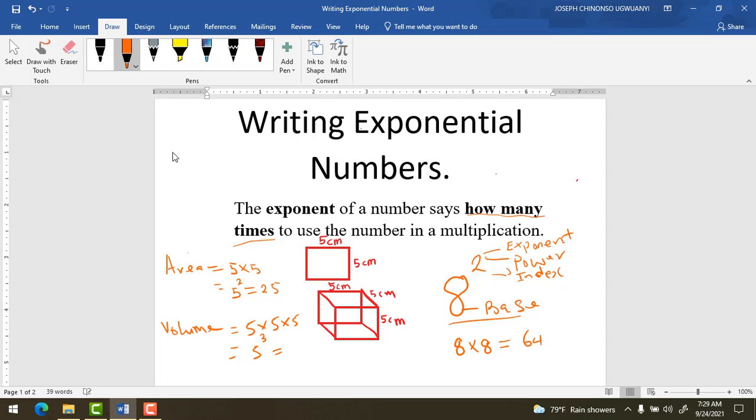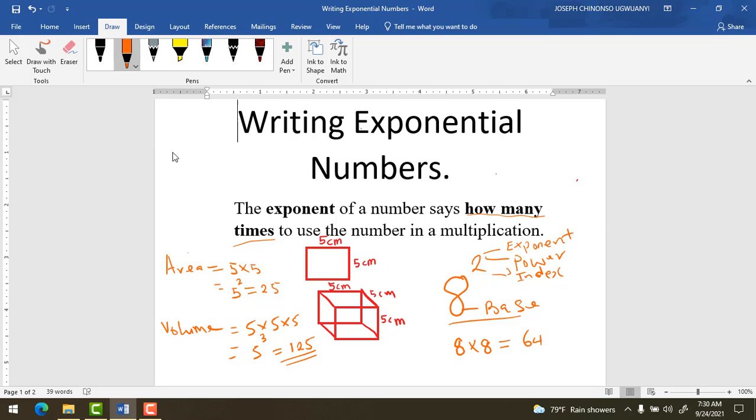And 5 exponent 3 is 125. Okay, so we use these exponents most of the time in our everyday life in different forms. So we have 8 exponent 2, 8 times 8. 5 exponent 2, 5 times 5. 5 exponent 3, 5 times 5 times 5. So these are some of the exponents we have in everyday life.